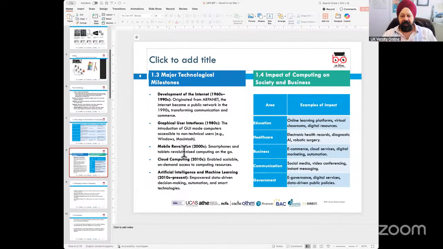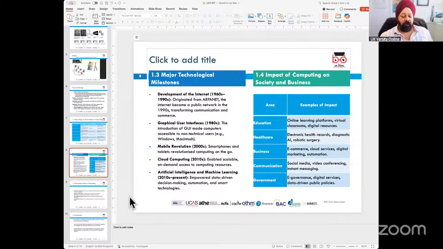Now, in terms of major milestones, some of the things that I grew up with in the 90s: the introduction of the internet. The internet runs on the HTTP protocol, which was introduced by Tim Berners-Lee.